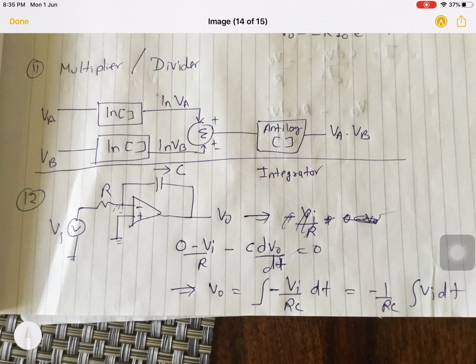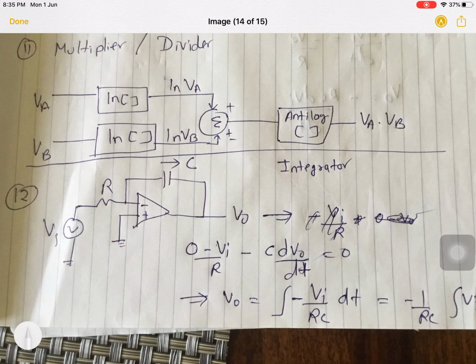Just applying KCL at this node, 0 minus Vi by R plus the current across C, which is C dV by dt, where here the voltage will be 0 minus V naught, so it is minus C dV naught by dt, equals 0. Now integrating, we get V naught equals minus 1 by RC integral of Vi dt.